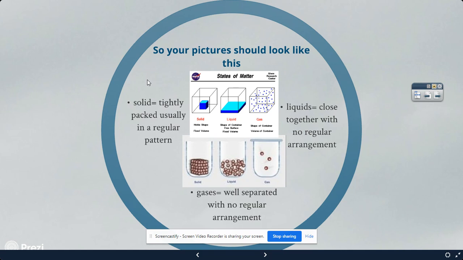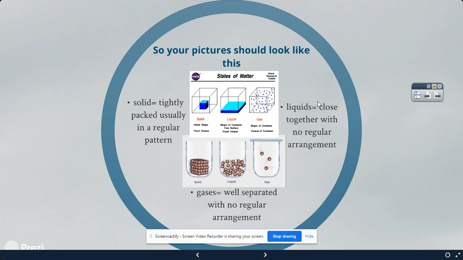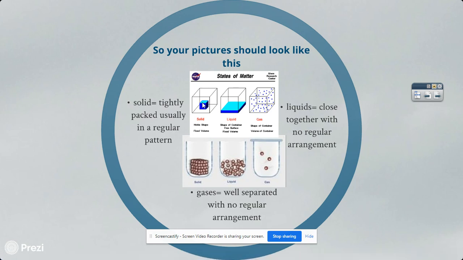So a solid is something that is tightly packed together, usually in a regular pattern. So it has shape, okay? Liquids are close together with no regular arrangement, where gases are separated with no regular arrangement. So think of a solid as like a table or a chair or a remote, or anything that's solid.